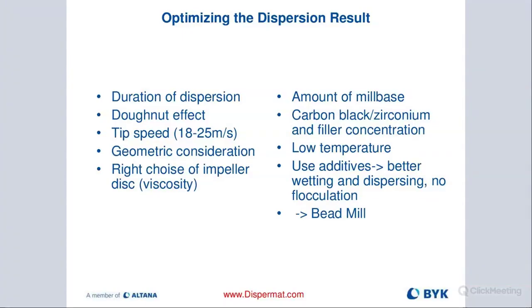also critical. The amount of mill base, we recommend about a 50% fill rate. You can go up as high as 70% and as low as 40, but 50 is really ideal. We know when you put in the energy and the tip speed, the product raises up, and then you will probably spill the material over the lip of the container.